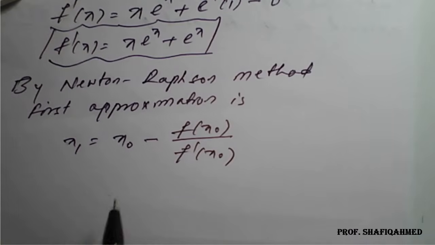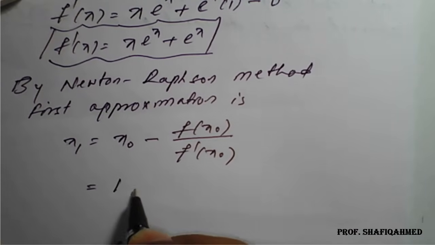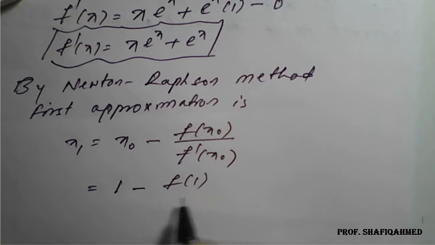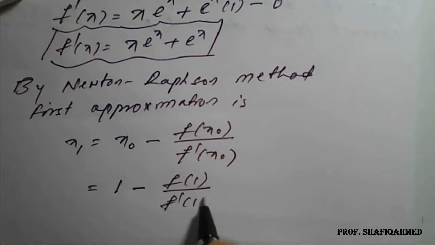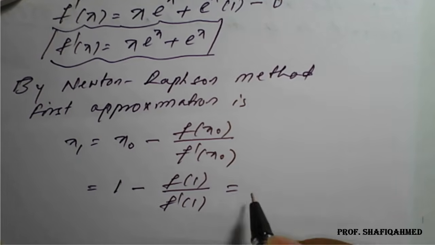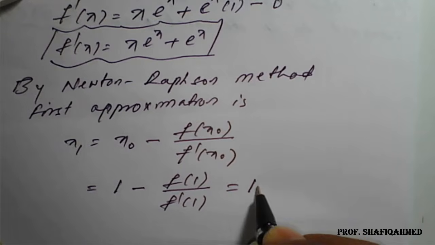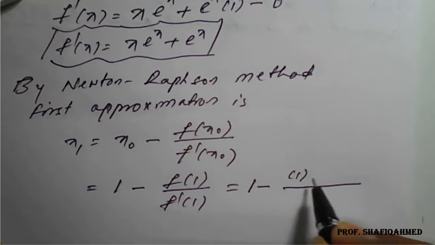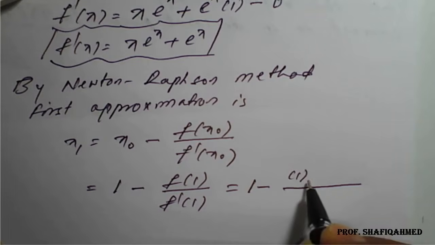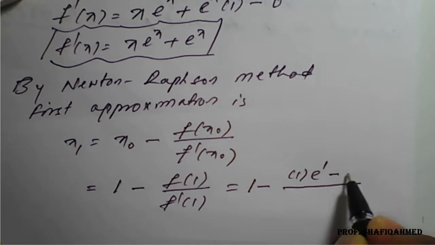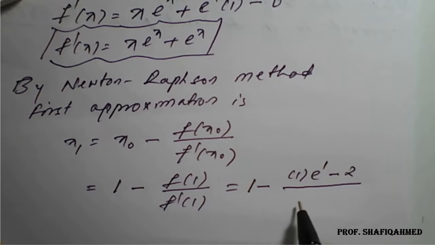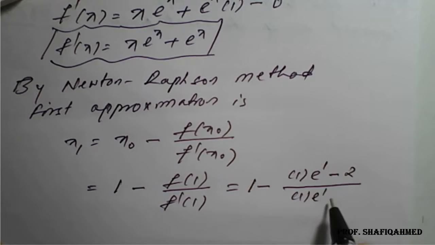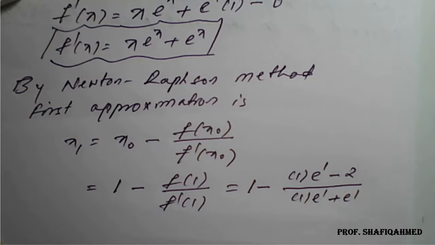So replace the value of x0: 1 minus f of 1 divided by f dash of 1. In f, we replace x by 1: 1 into e raised to 1 minus 2, divided by f dash, that is 1 e raised to 1 plus e raised to 1.